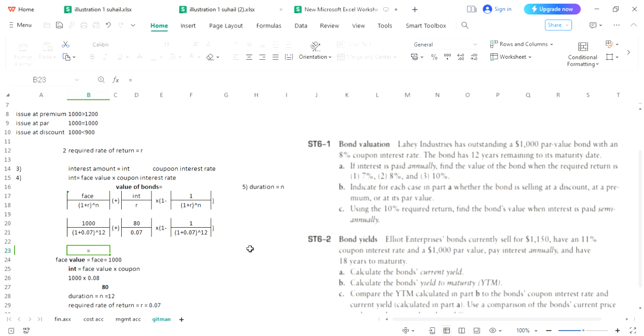The very first thing is your first bracket, and you will write 1000. Please focus here. This is 1000 and it is divided by your bracket open, 1 plus 0.07, meaning 1.07, bracket closed, and raised to power 12 you need to write. So this way you have completed the first part of the question.